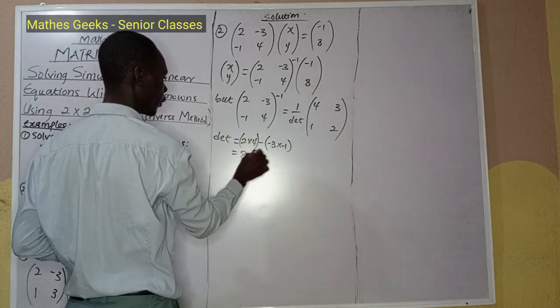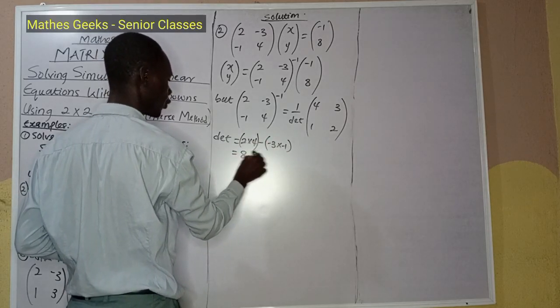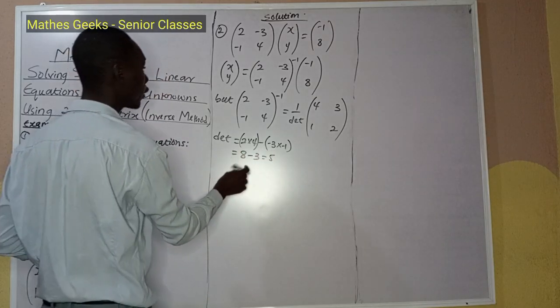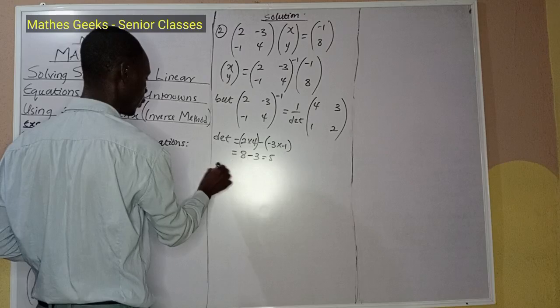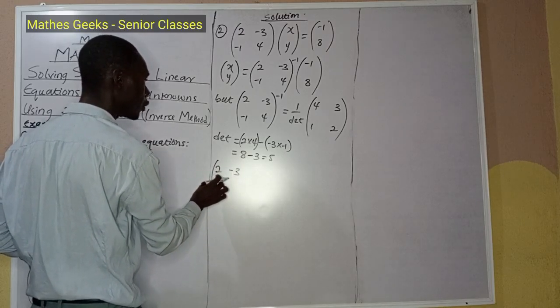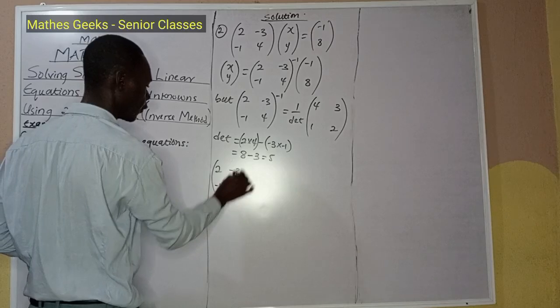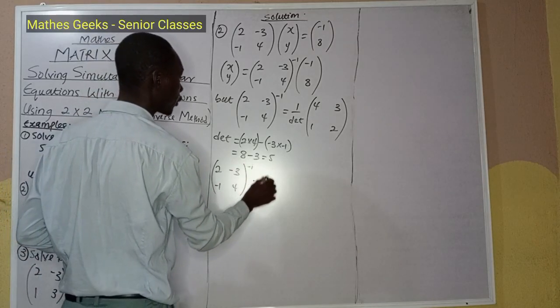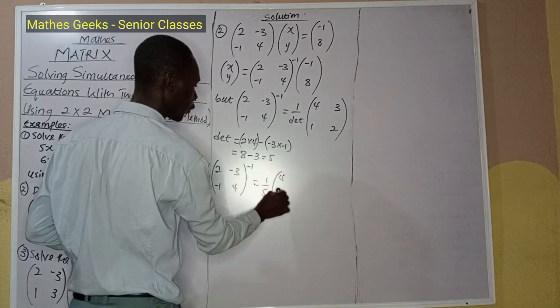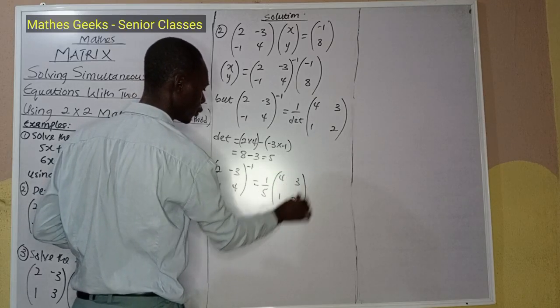So this is 8 minus 3 times minus 1, which is 3. 8 minus 3 is 5. So our final is 5. Therefore, the inverse matrix 2, minus 3, minus 1, 4 equals 1 over 5, 4, 3, 1, 2.